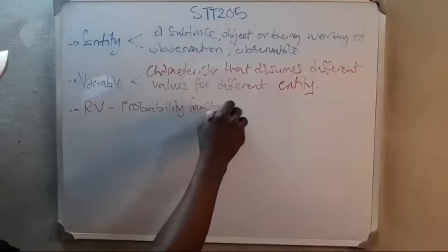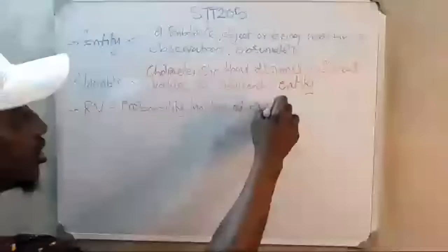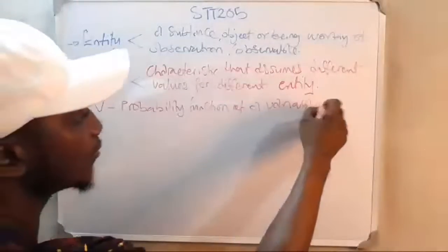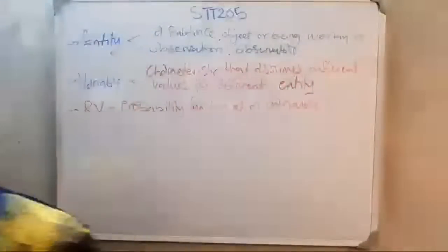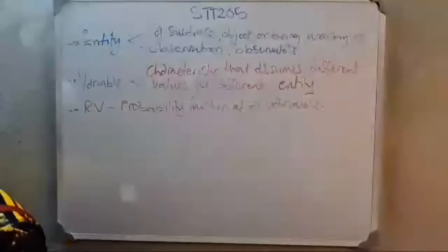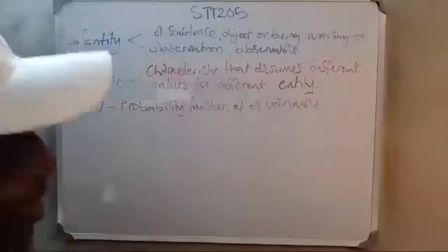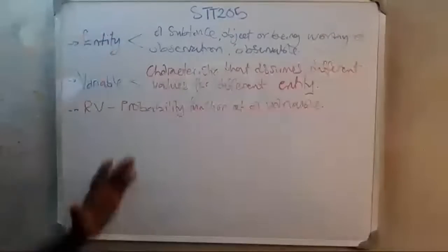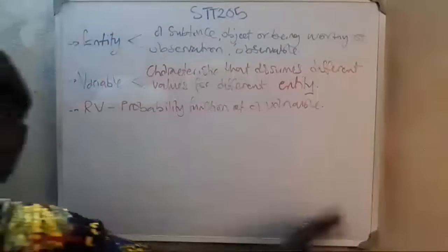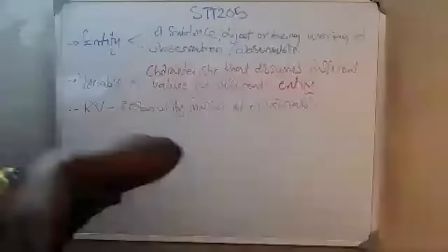When we say probability function of a variable, we are simply talking about the chances that out of this variable we can get a certain outcome if some action is being taken.